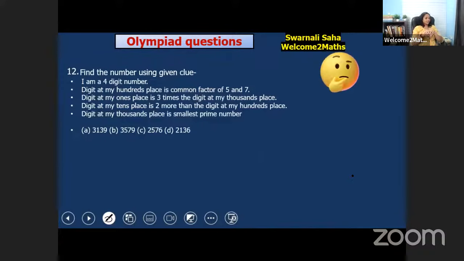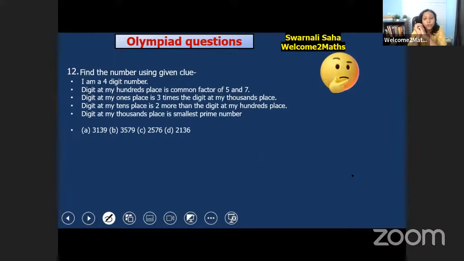Another question is here. Find the number using given clue. Okay. So here there are so many clues, and you have to find out the number. So try to solve this first, then I will tell you the answer. ऐसे टाइप क्वेश्चंस बहुत आते हैं ओलंपियाड एग्जाम में. सो पहले try to solve this.